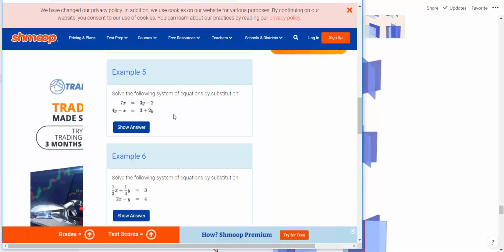So we have the following equation in which we have 1 over 3x plus 1 over 4y equals 3. And then for the second equation, we have 2x minus y equals 4. So let's try to simplify the second equation and change it to a form that makes things a lot easier for us. So we have 2x equals 4 plus y, right?